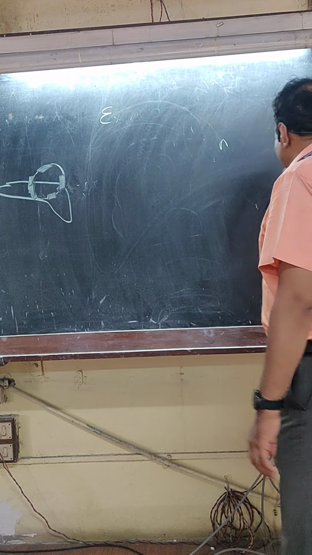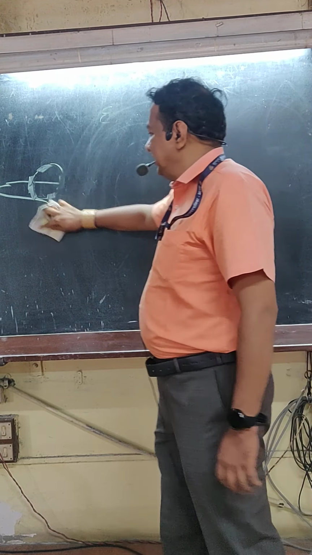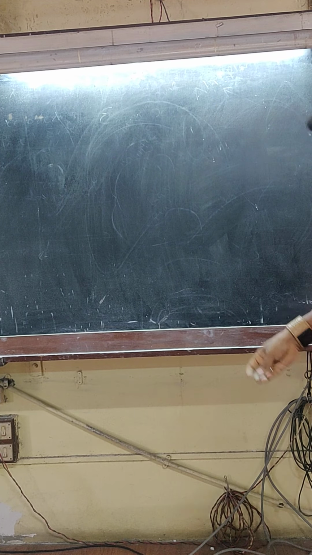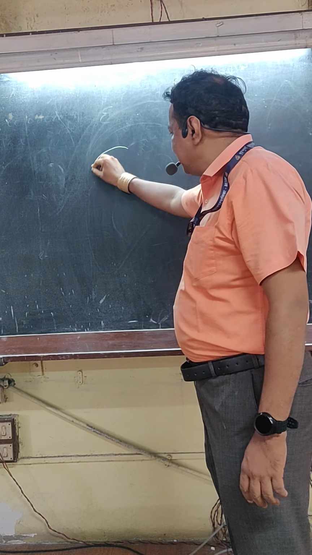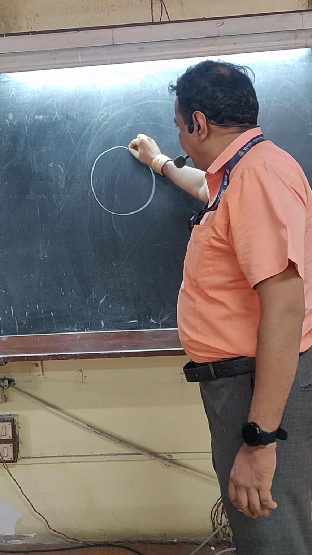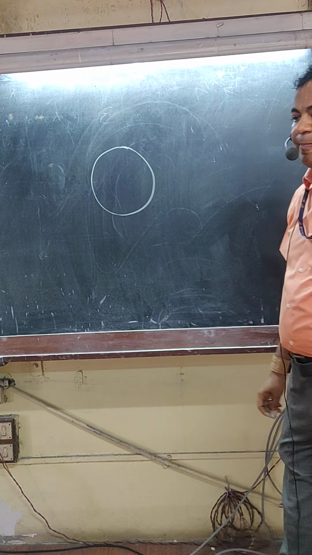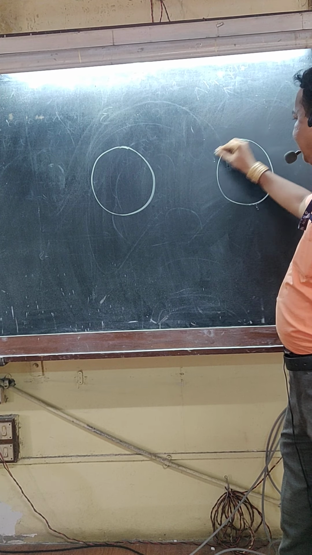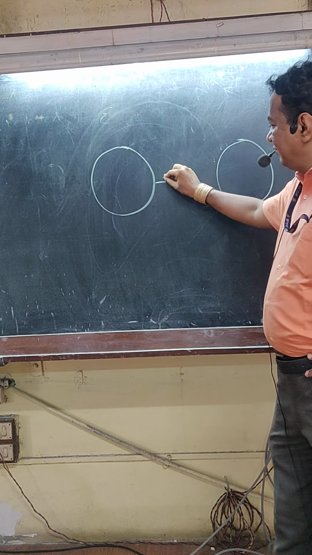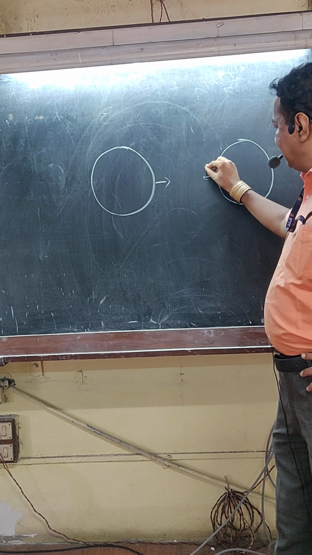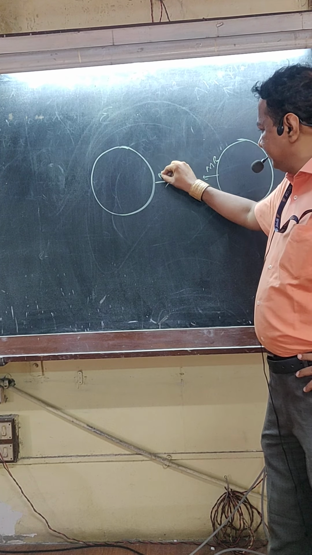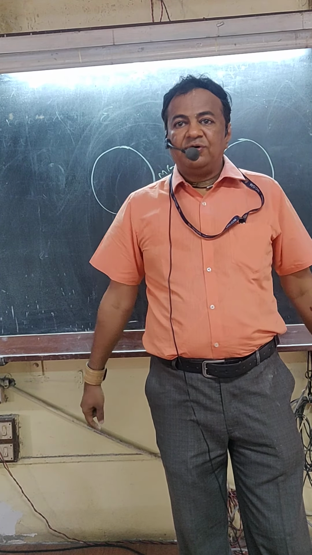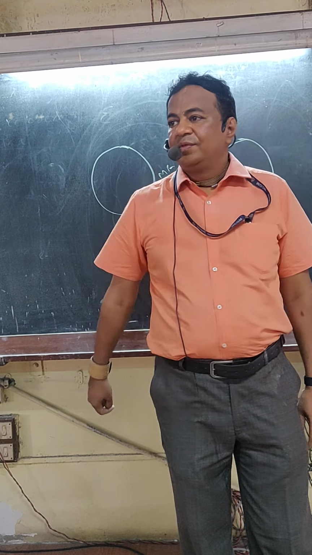Now let us see the actions of these muscles. To learn the actions of these muscles, let us draw an eyeball. Okay, so this is also an eyeball of the other side. Action of the medial rectus is like this. When both the medial recti contract together, this is what happens.